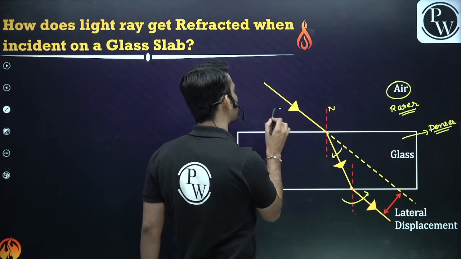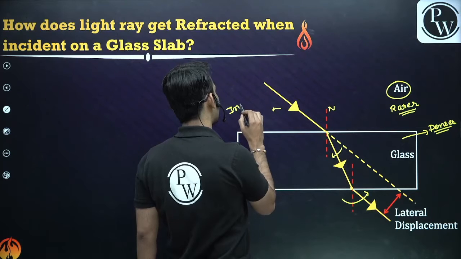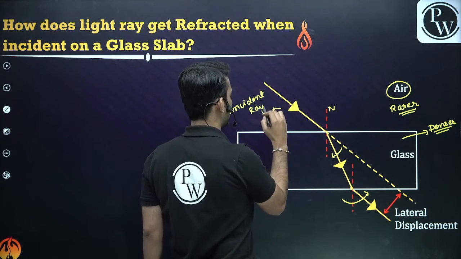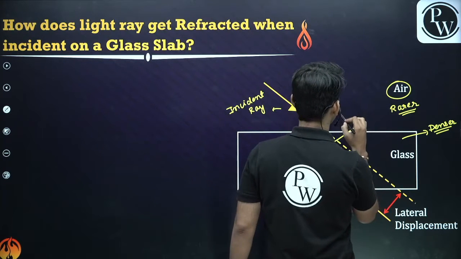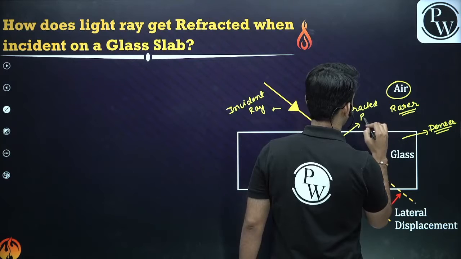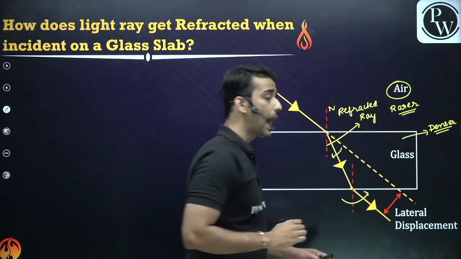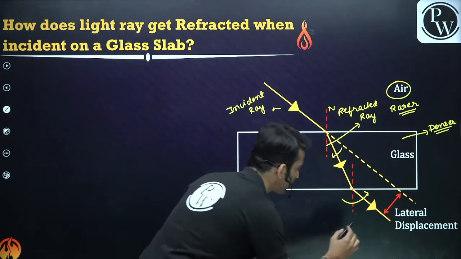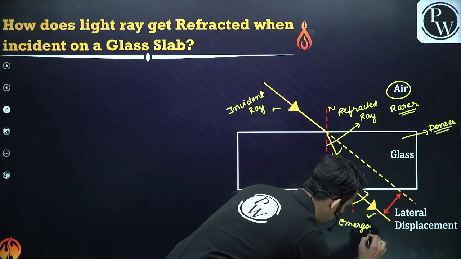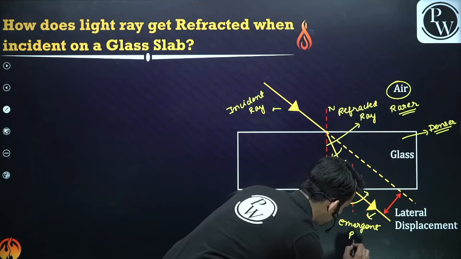This is the incident ray, right? This is the refracted ray, and this is the emergent ray.